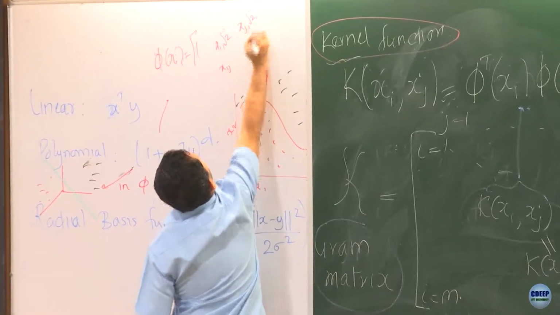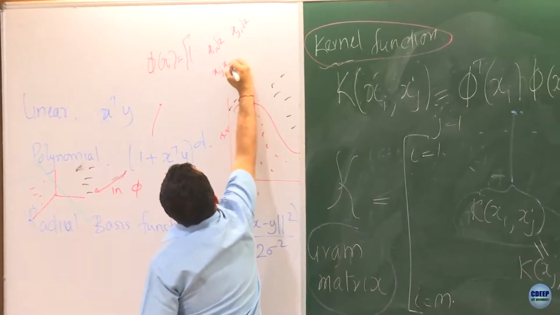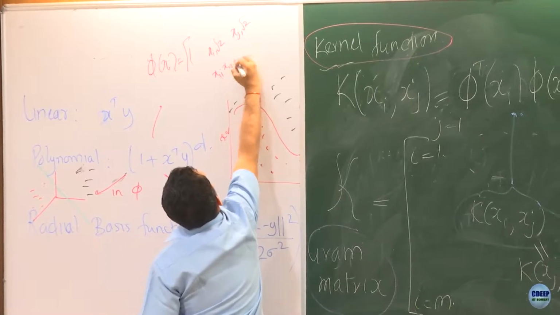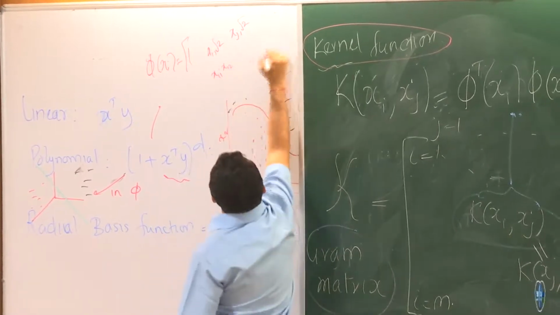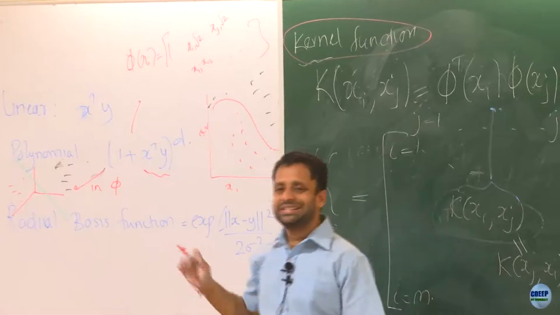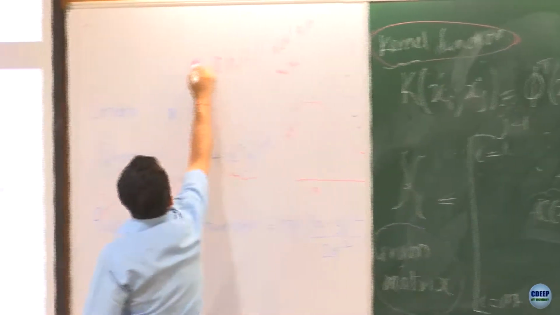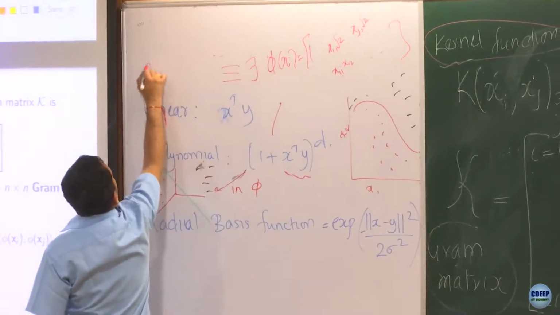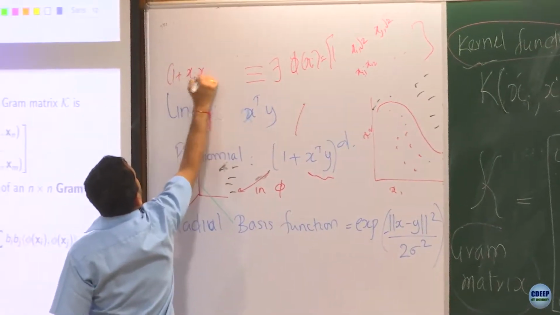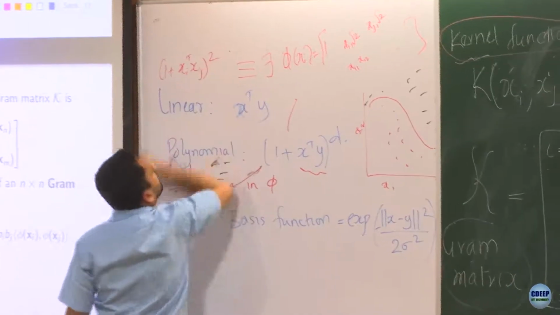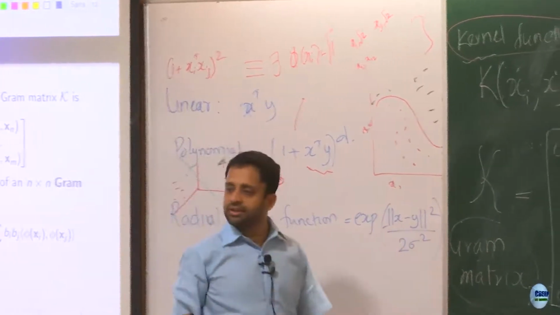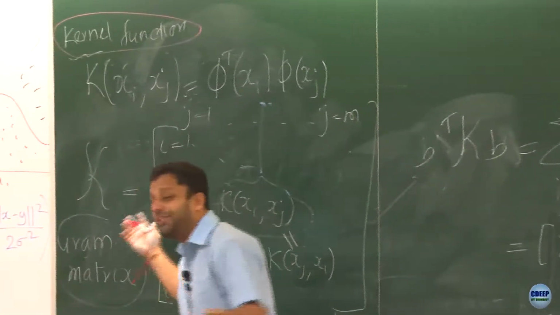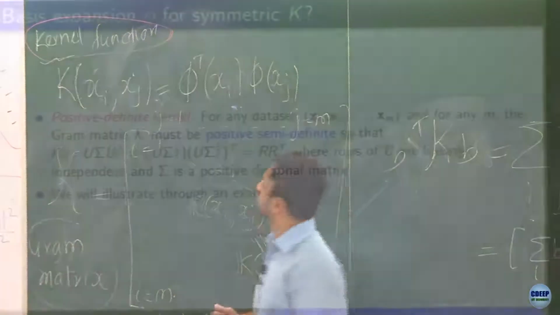We had six terms, a six-dimensional expression. We showed the existence of this phi such that (1 plus x_i transpose x_j) squared can be shown to be a kernel. Now I want to do the same thing with a matrix. I am giving you a matrix, and I want to construct a phi.